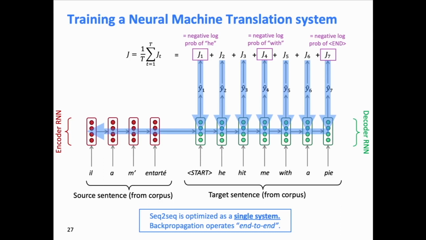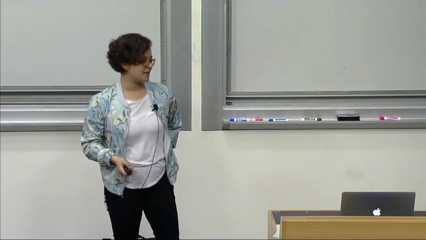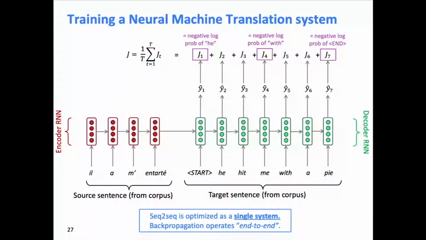Yep? If the decoder outputs the end token early or late, how do you handle the loss that it wouldn't get to accrue by continuing to stay on? The question is, if the decoder RNN outputs the end token too early, then how can you measure the loss on the words that came after that? This is the difference between training time and test time, which is pretty confusing.